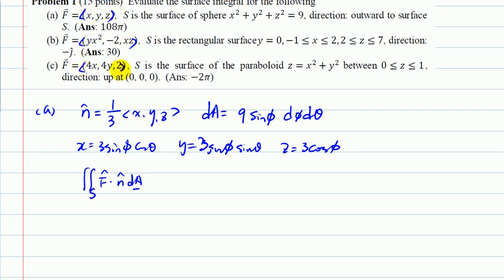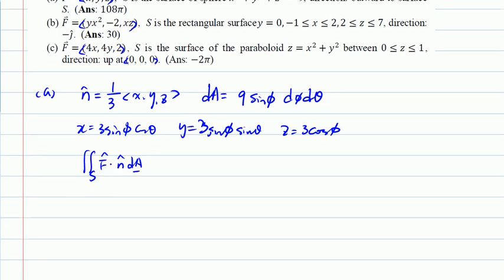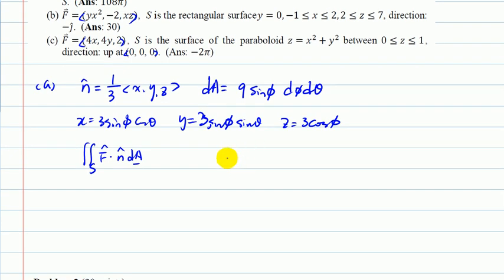Now you can fill in all the blanks and do the surface integral. Find out the limits for phi and theta properly, and you should be fine for part A. Anyway, the phi range will be between 0 and pi, and the theta range will be between 0 and 2 pi.